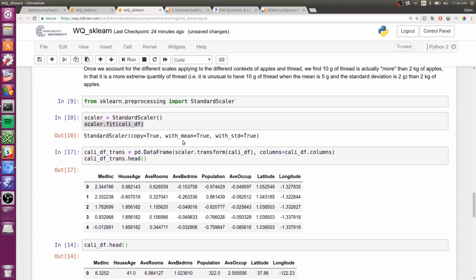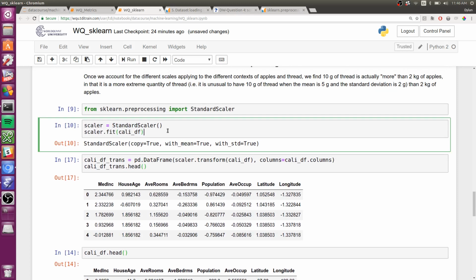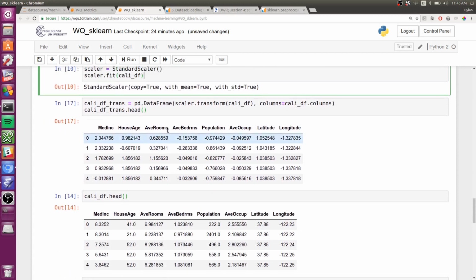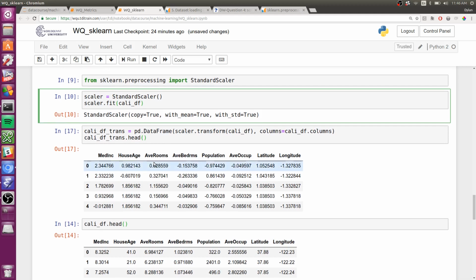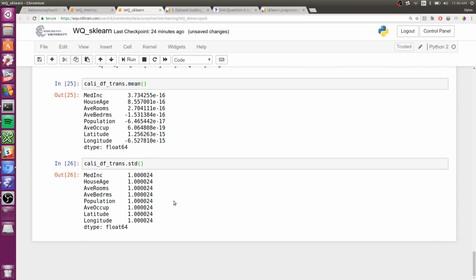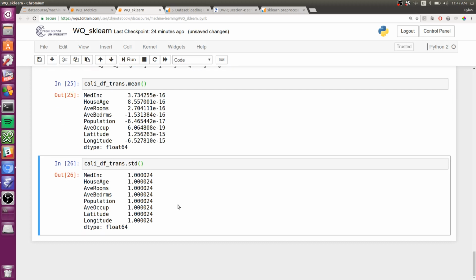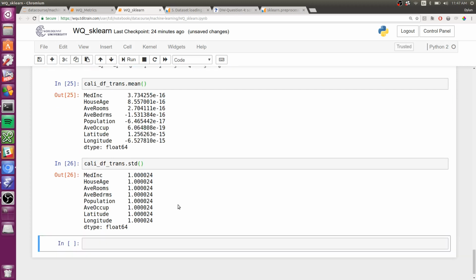So the standard scalar is one of the simpler transformers, and it's very common to use. Now, we might take this transform data and then fit a linear model to it.